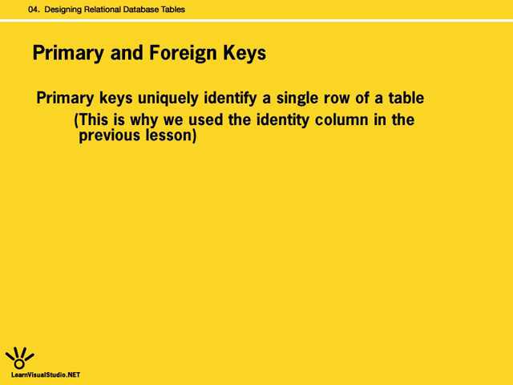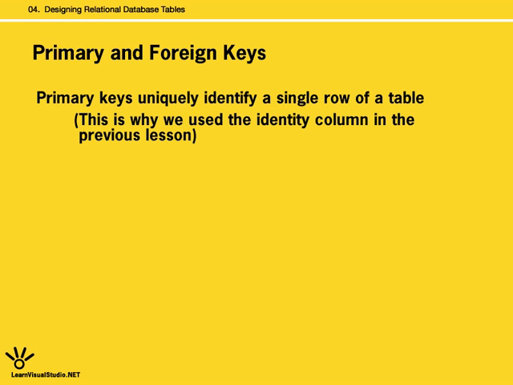However, if we were to create a column called customer ID for our table and give it the identity column property, we could use it to uniquely identify one John Smith from another one. So each row would then be unique. And from a database perspective, a primary key column has a special constraint applied to it called a unique constraint.